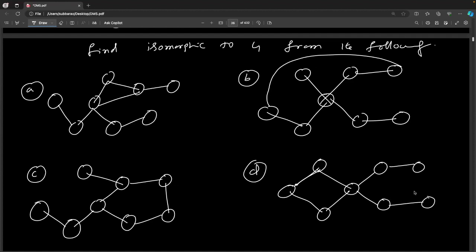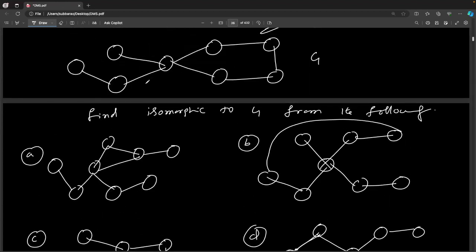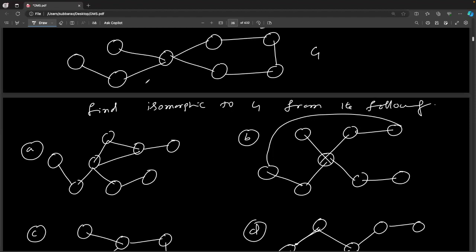Yeah, this is the problem. I think perfect. Can you check? For the given graph, which are isomorphic? Because it is not possible to show everything, I am showing it. See this one, that is the given graph. Option A, option B, first to check.